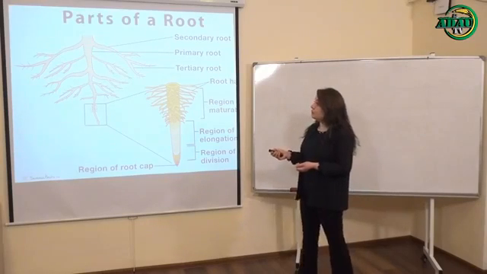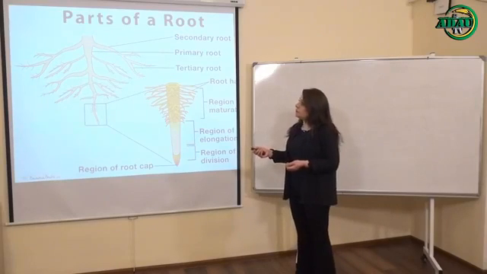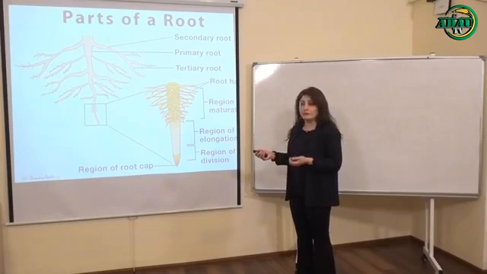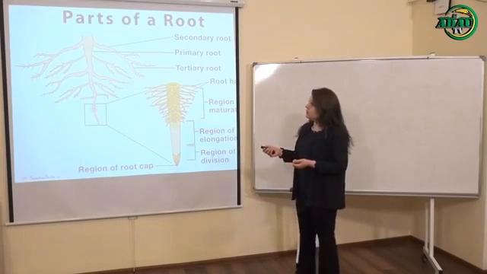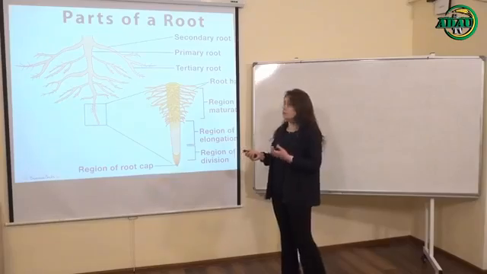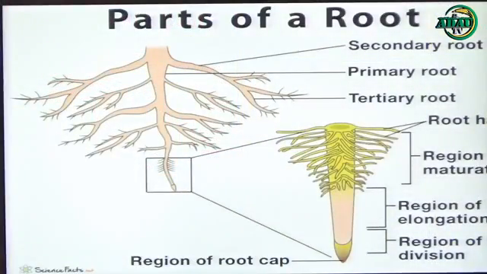The primary root branches to produce roots called secondary or lateral roots. Lateral roots branch and produce roots called tertiary roots. They may further branch to produce fine rootlets. This is the main root with its lateral branches, and together they constitute the root system of a plant.